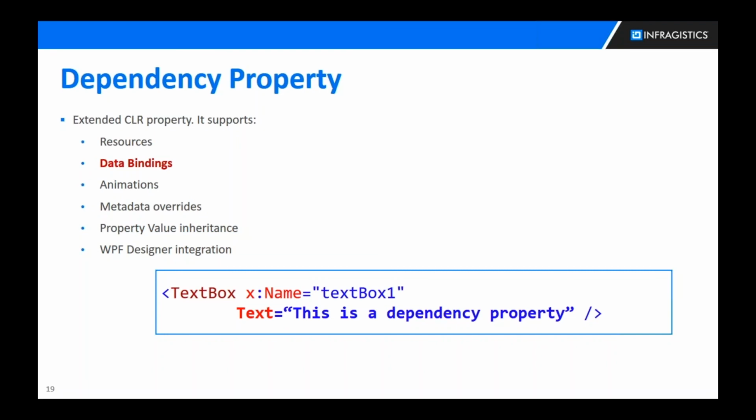Basically, when you type in XAML, nearly 100% of what you're dealing with would be dependency properties. You don't have to be aware of the dependency property when you type in XAML, but behind the scenes, dependency properties are actually used. In this example, you type the text box and you set the text. The text is actually the dependency property, which supports these mechanics.